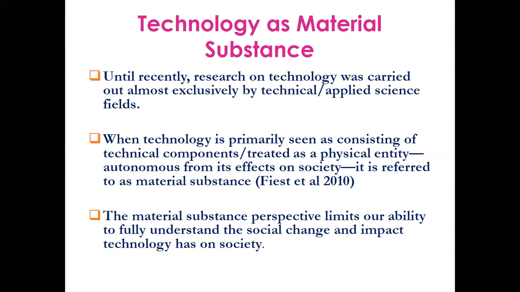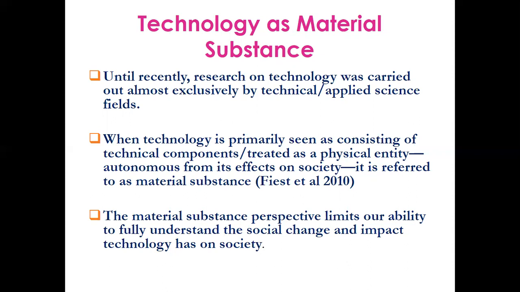That is according to Fiest et al. Whenever you see et al, it means Fiest and others. Maybe there are more than 3 or 4 authors. So, yes, according to them, technology is seen as a material substance. That's how it began.